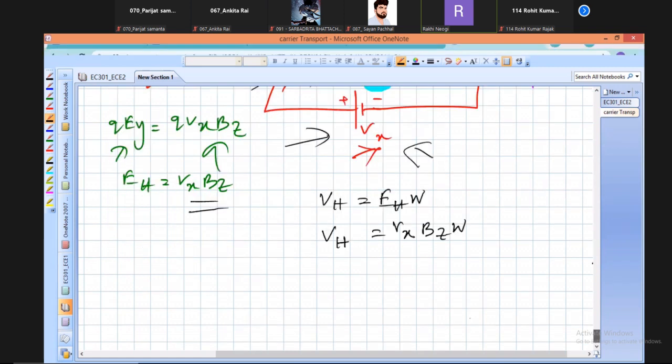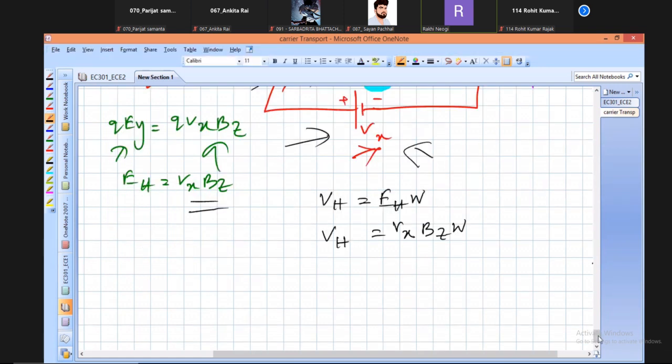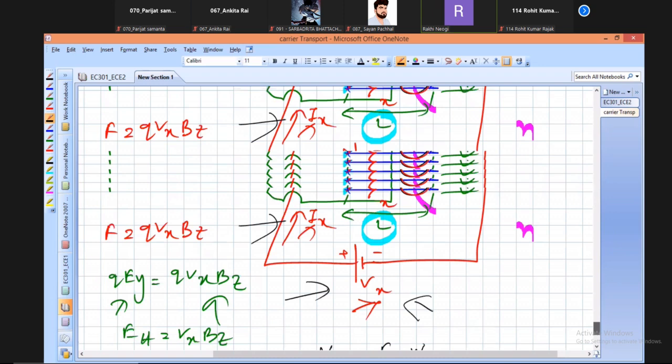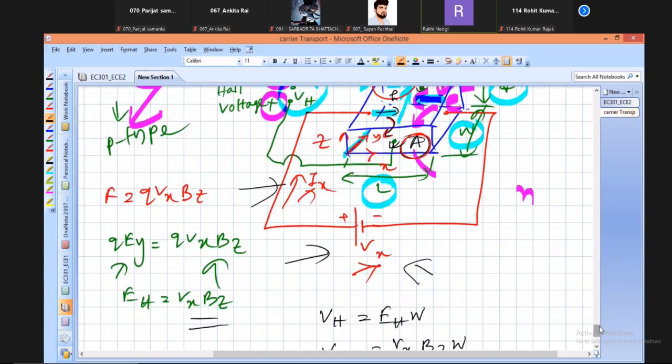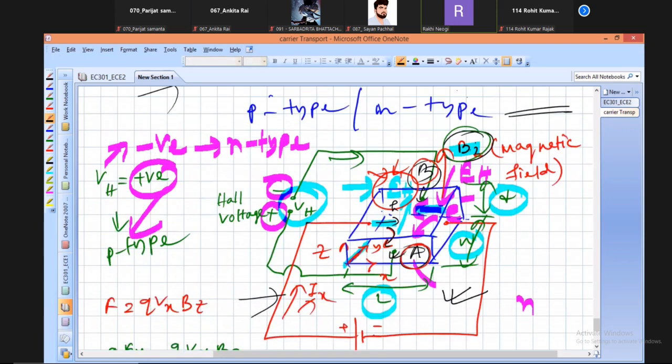What I already mentioned in the previous class is that due to the accumulation of charge on side A compared to side B, an electric field is developed clockwise, and due to this a Hall voltage will be created.